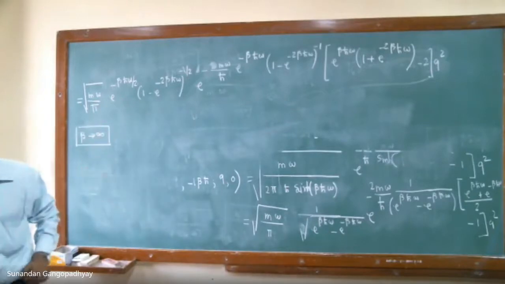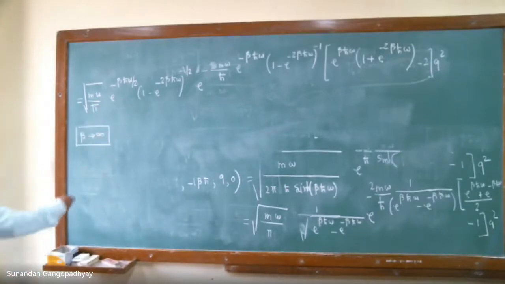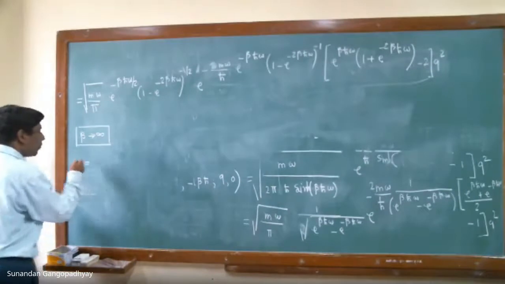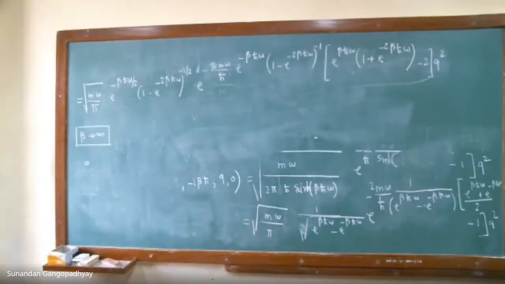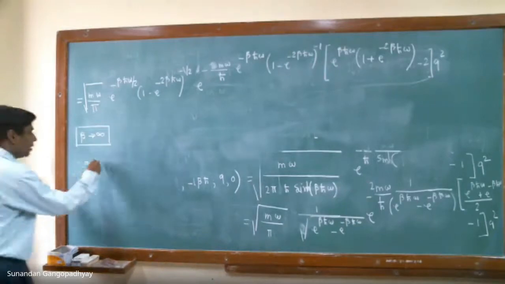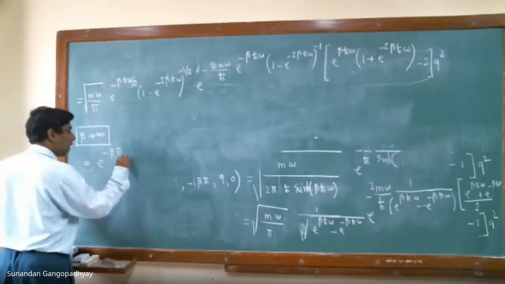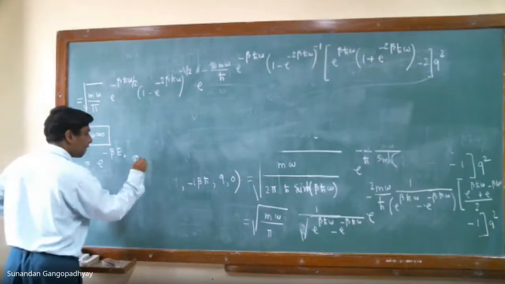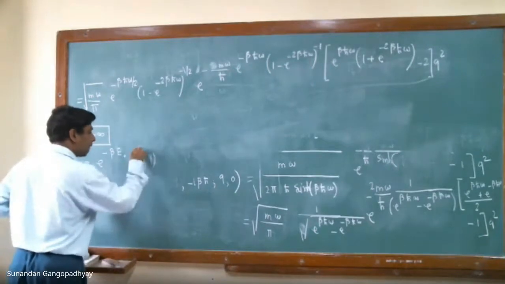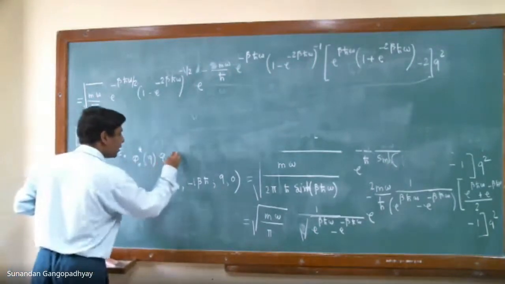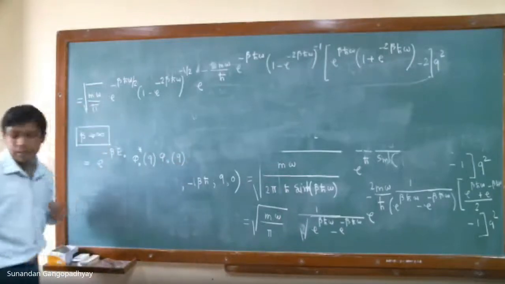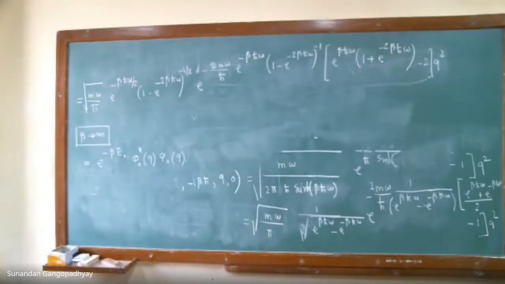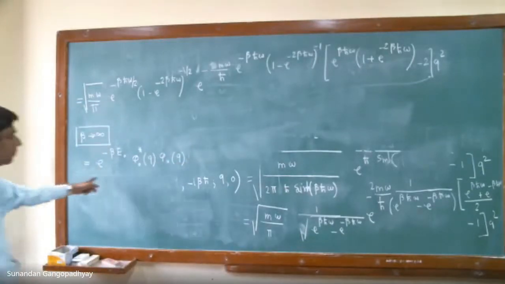And if we play this game, we have actually done this calculation earlier, then the propagator basically simplifies to the following thing. You remember this expression? We had obtained this earlier.